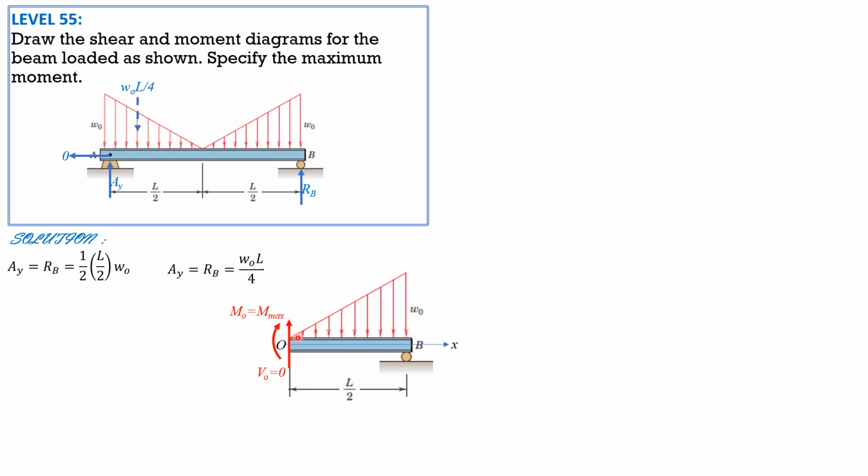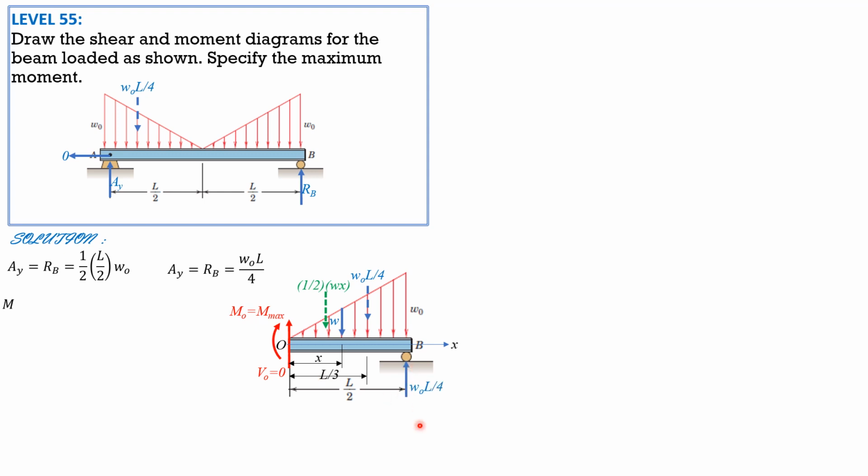Then that's the origin. This is W. This distance is X. And based on area, this is 1/2 of X times W. So 1/2 WX for the entire loading, WOL over 4. And RB is WOL over 4 also. This distance is 1/2 of L over 2, so L over 3.